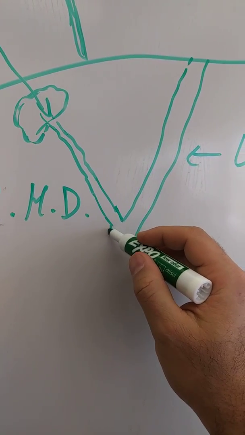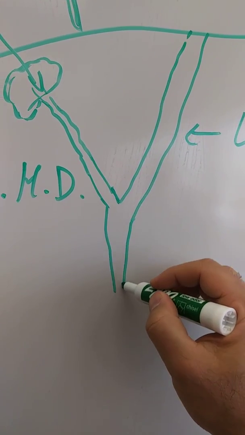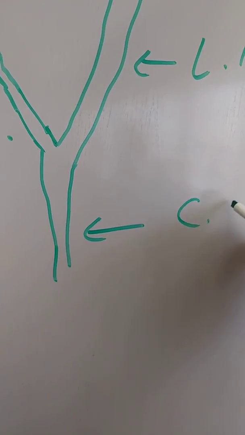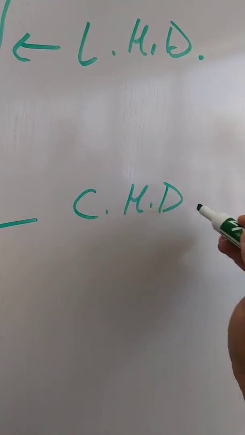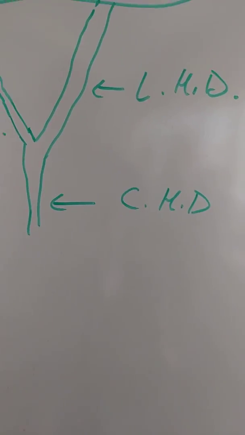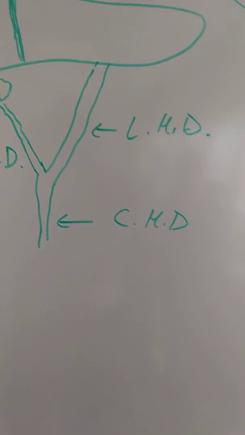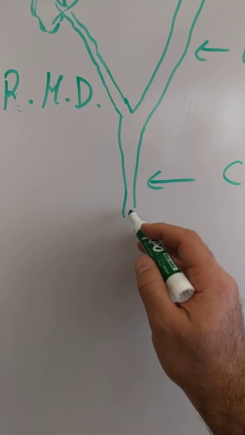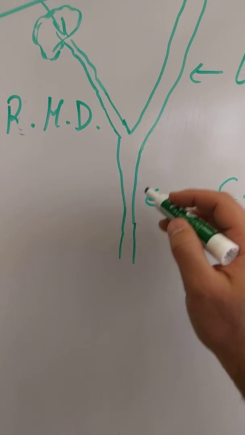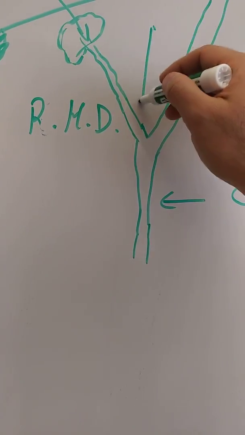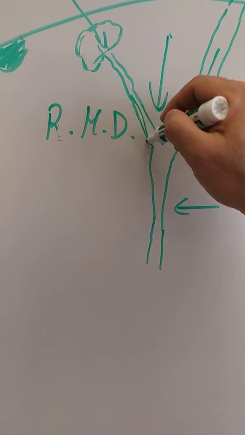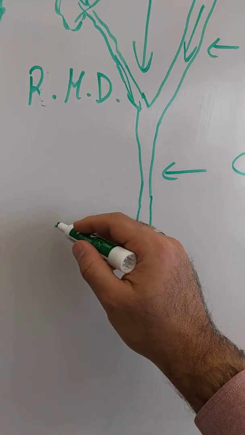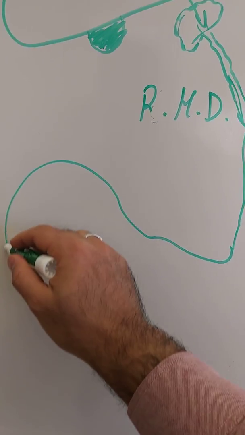Now once we have the right and the left hepatic ducts, they will come along and form the common hepatic duct. Eventually the bile will pass along in a unidirectional flow, going all the way down here, and it will pass towards the gallbladder.